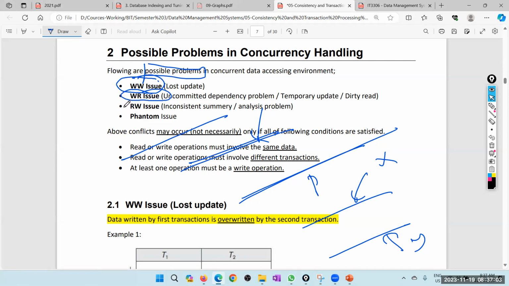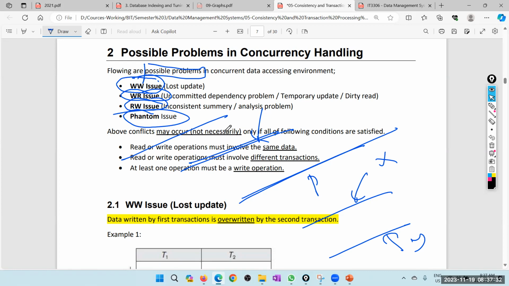Write read issue or the dirty read or uncommitted dependency. Read write issue or inconsistent summary or analysis problem. And finally, we have the phantom issue. Okay. So the above conflicts may occur, but not necessarily. They may occur or may lead to issues.